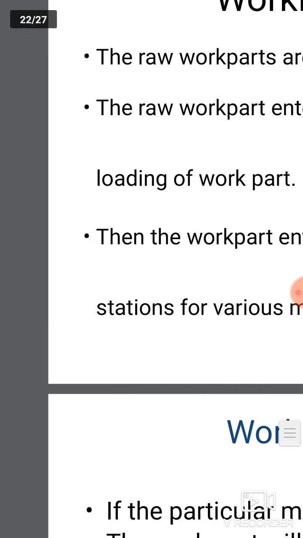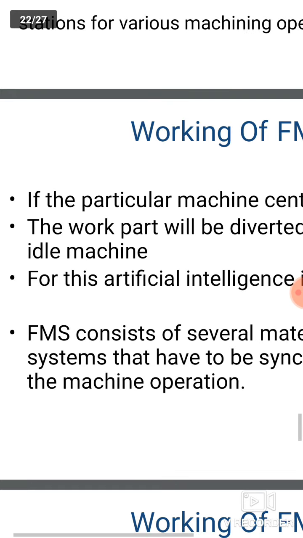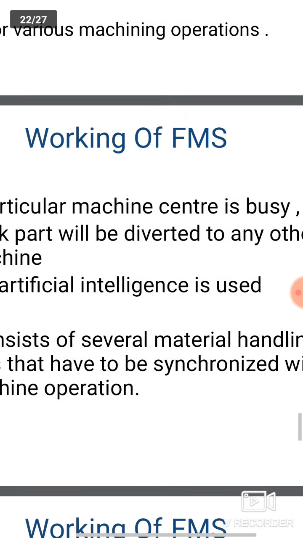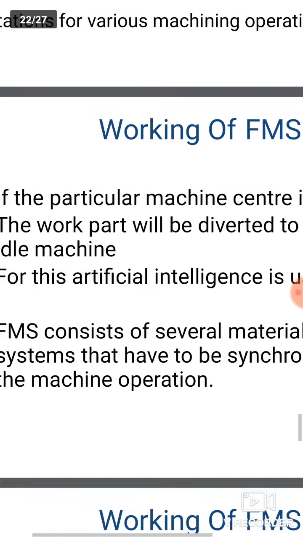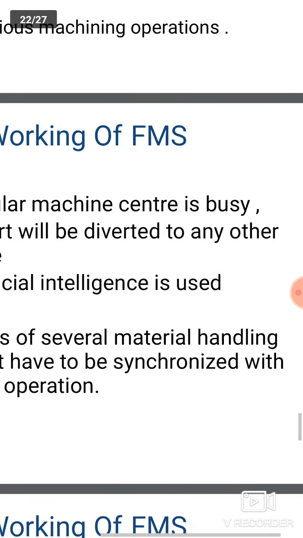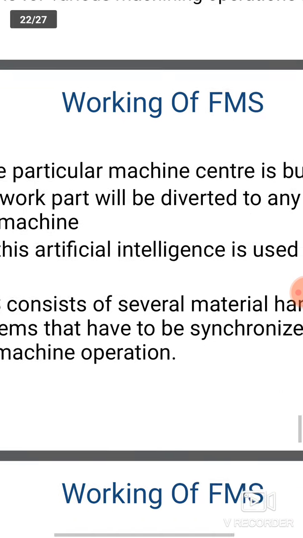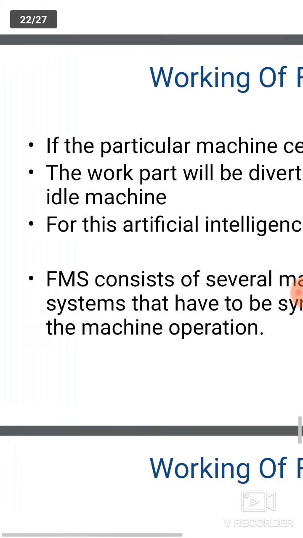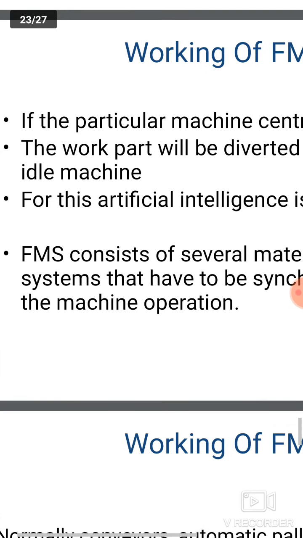Next one, working of FMS, how the FMS will work. If the particular machine center is busy, the work parts will be delivered to another idle machine. For this, artificial intelligence is used. FMS consists of several material handling systems that have been synchronized with the machine operator.